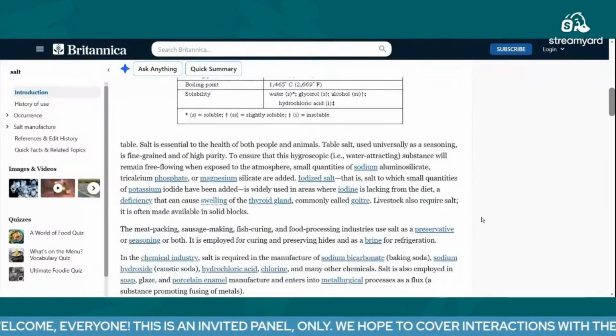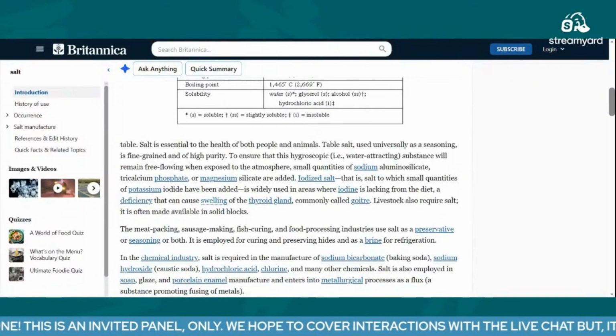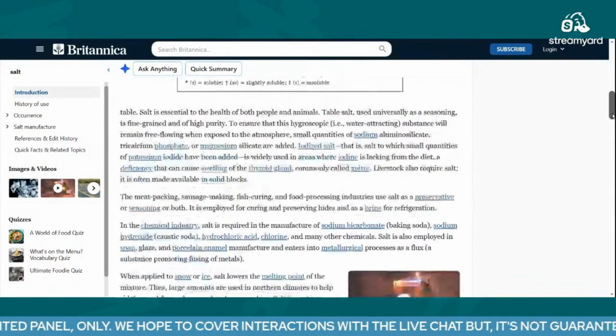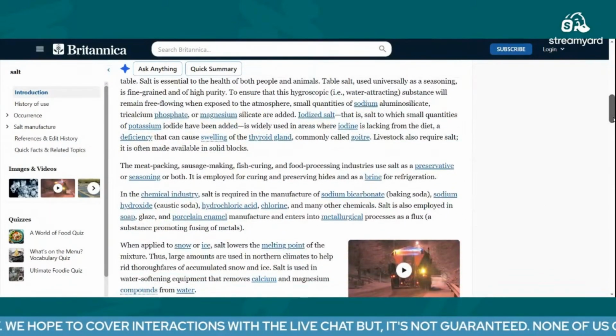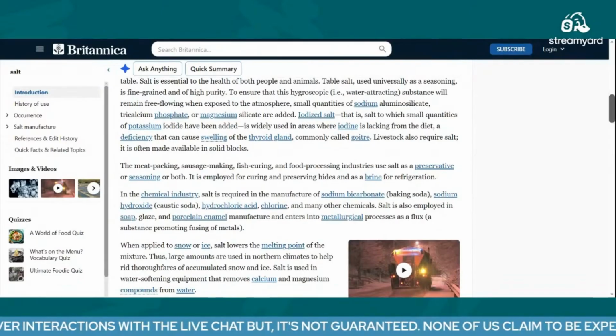Salt is essential to the health of both people and animals. Table salt, used universally as a seasoning, is fine-grained and of high purity.